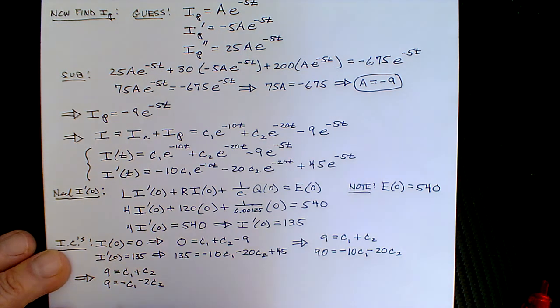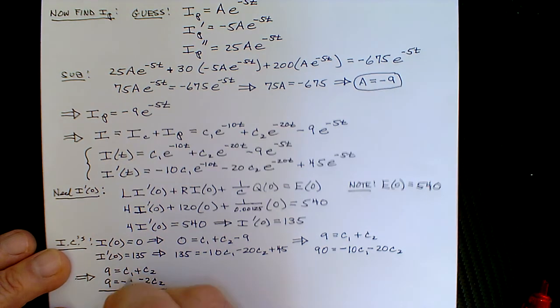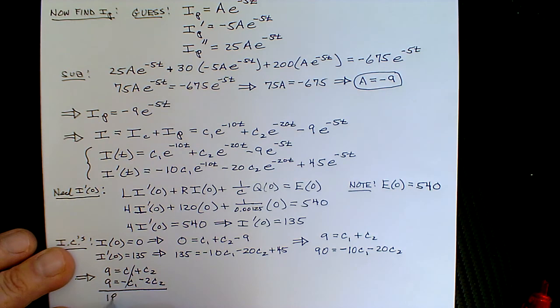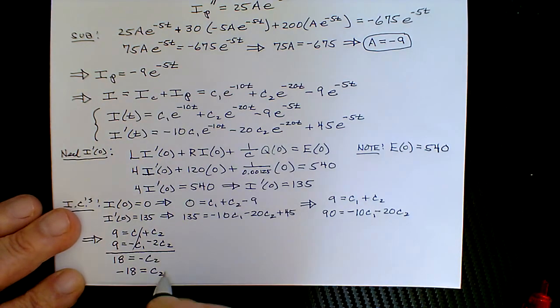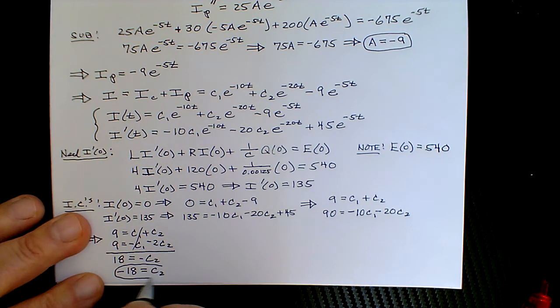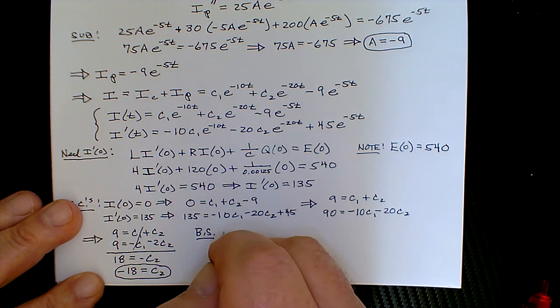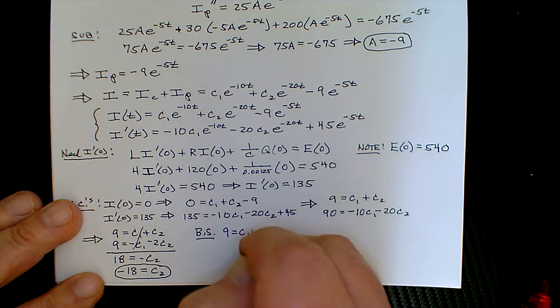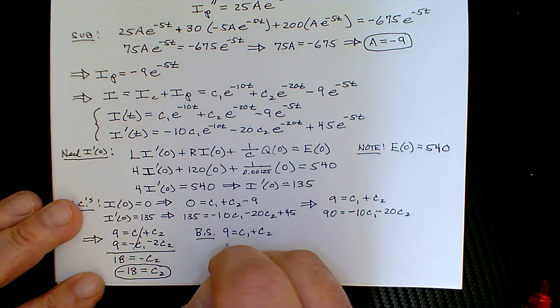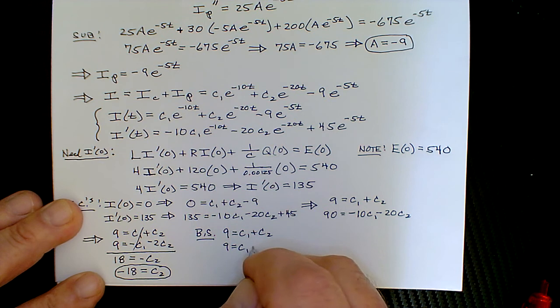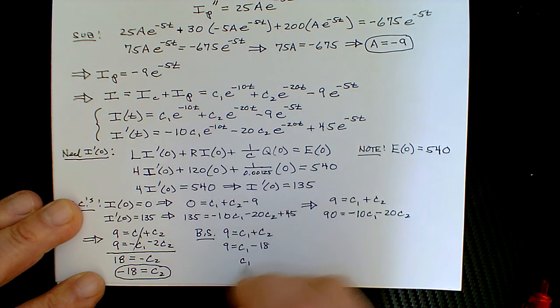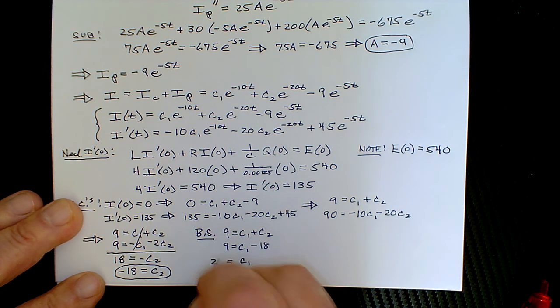If we just add those two equations together, the C1s are eliminated. We get 18 equals negative C2, so C2 is negative 18. Then if we back substitute, I'll use the 9 equals C1 plus C2 equation. 9 would be C1 minus 18, so C1 would be 27.